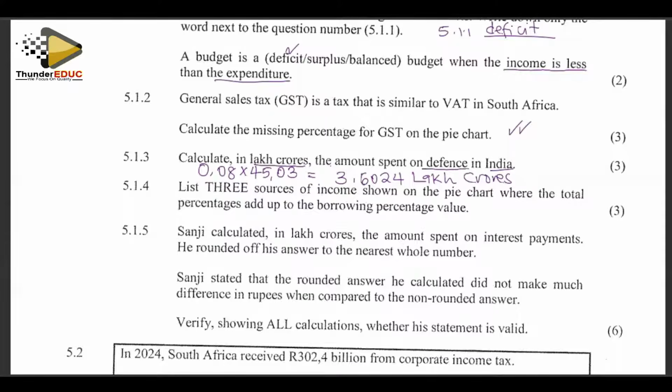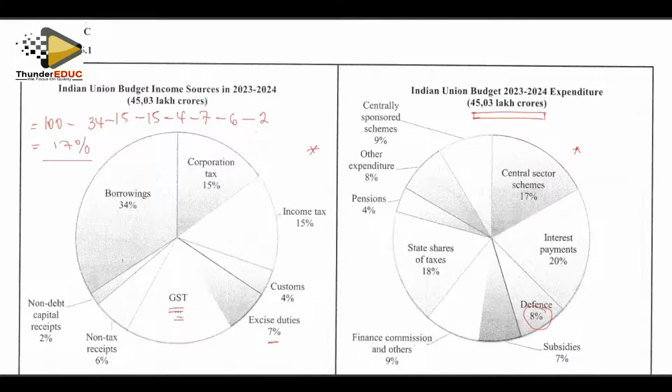Okay, list the sources of income shown on the pie chart where the total percentage adds up to the borrowing percentage value. Three of them, when you add them, you get this borrowing value. So we have 15 plus 15 plus 4, which adds up to 34.